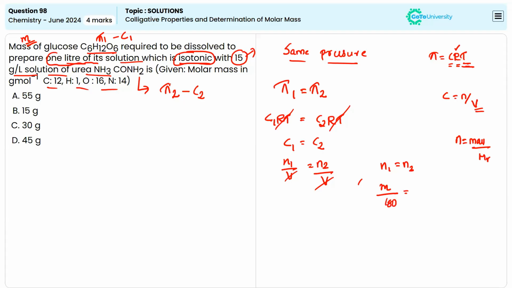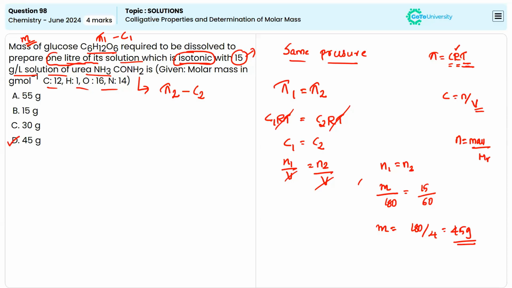Now coming to urea, the mass is given as 15, and using these values we can find the molar mass, because the molecular formula for urea is also given, NH2CONH2. So the molar mass, if you add them, will be 60. So here we can find the mass of glucose required to prepare the solution. That will be 180 divided by 4, which is equal to 45 grams. So from these options, the correct answer is option B.